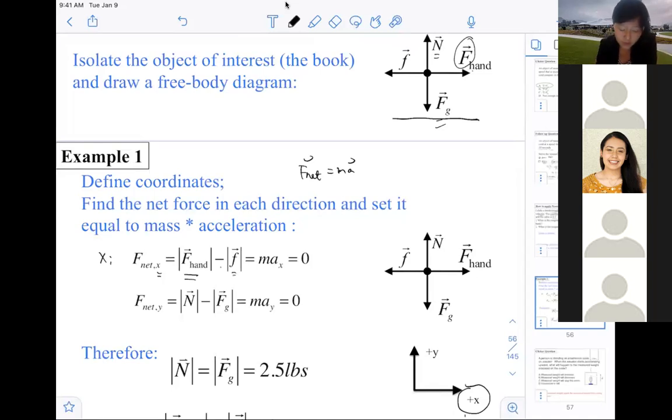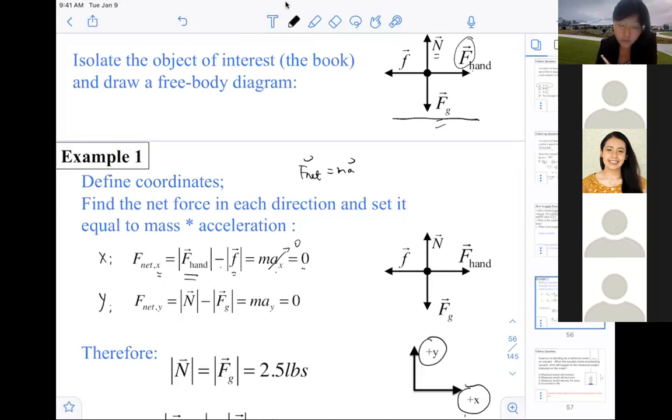You have a minus sign. And that is equal to the mass times acceleration in the x direction, and that is 0. We know the acceleration is 0 because the question said you're moving it with a constant velocity, so therefore the acceleration is 0. You do the same thing for the y direction, adding up the 2 forces.